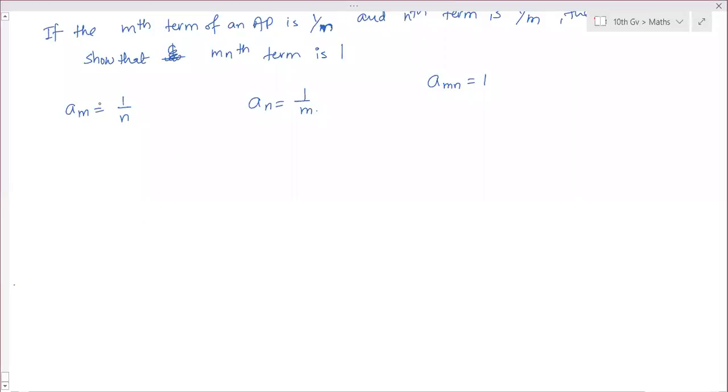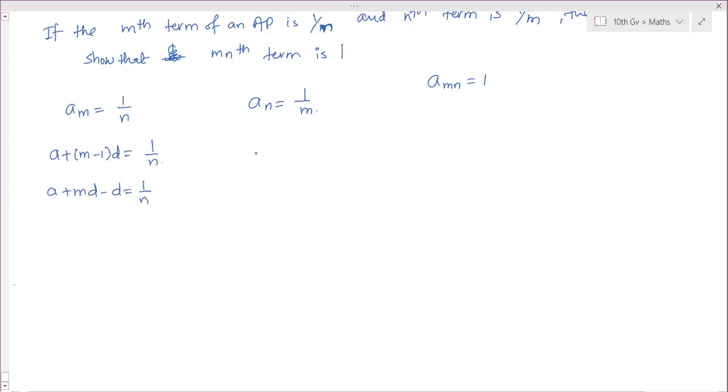What's the formula for the mth term? a plus m minus 1 into d is equal to 1 by n. Open the bracket: a plus md minus d is equal to 1 by n.